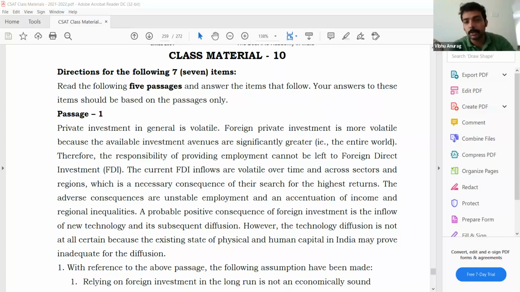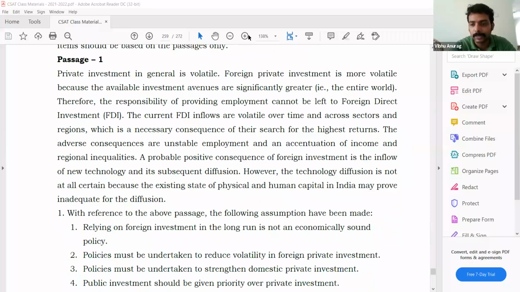There's no time allocation as such in the exam, but in our target time, because the target is to attempt roughly 60 questions, you should not take more than 2 minutes per question. So this is your first task. You have to solve questions 1 to 7 in passage 1 to 5. So please start. You have exactly 14 minutes. You can begin now.